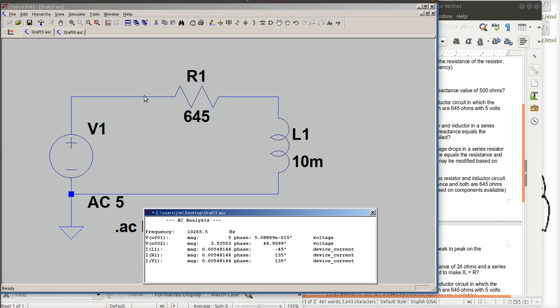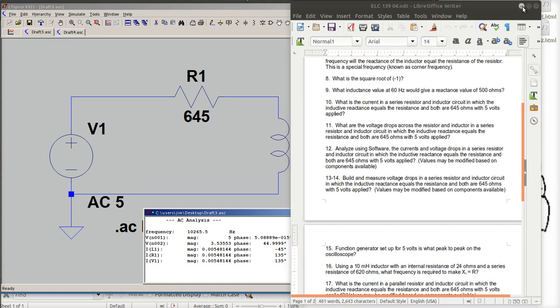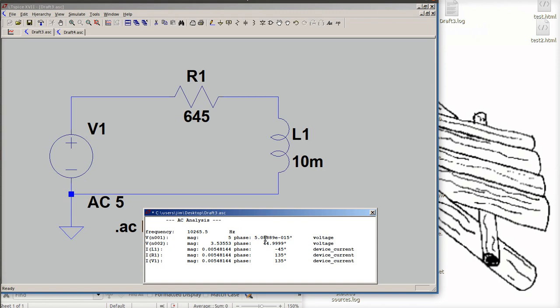I have a voltage here 5, angle 0. And what did the worksheet ask for? Analyze the currents and voltage drops in a series resistor inductor circuit. Okay, so I need the currents, which are all the same, a little over 5 milliamps, about 5.5 milliamps, because it's a series circuit.